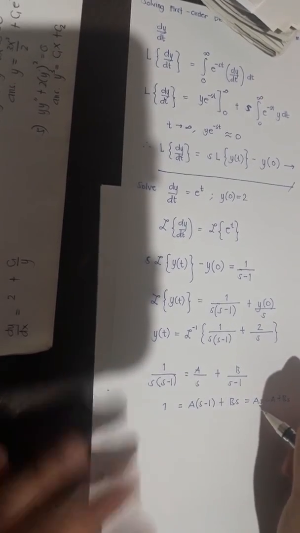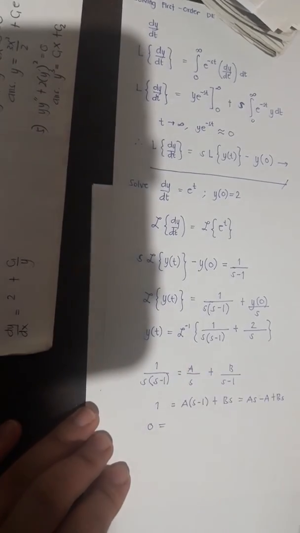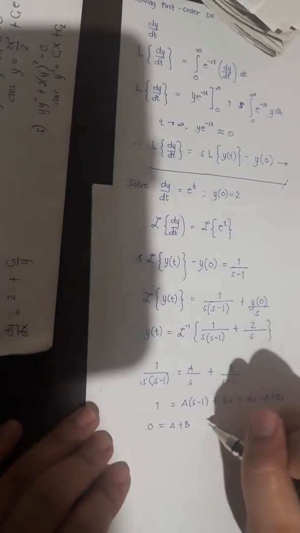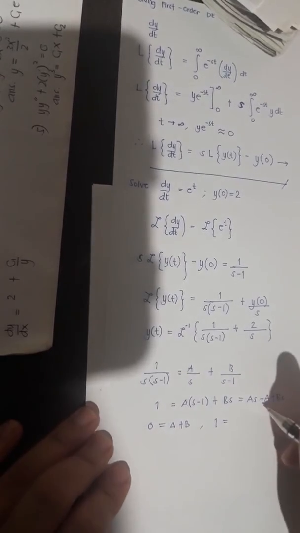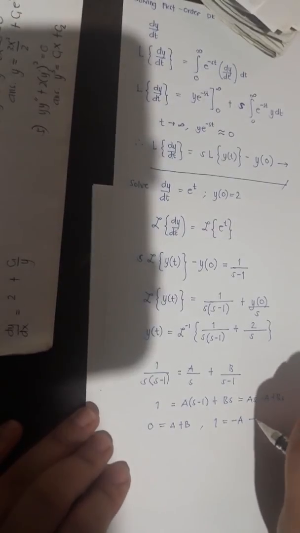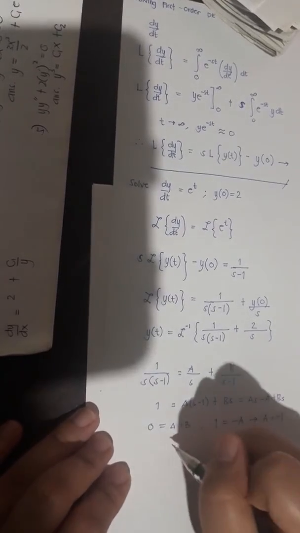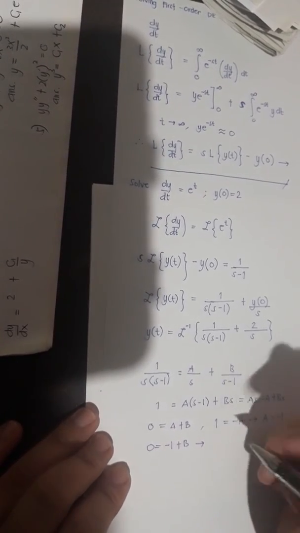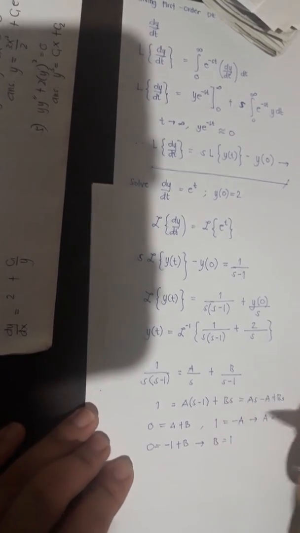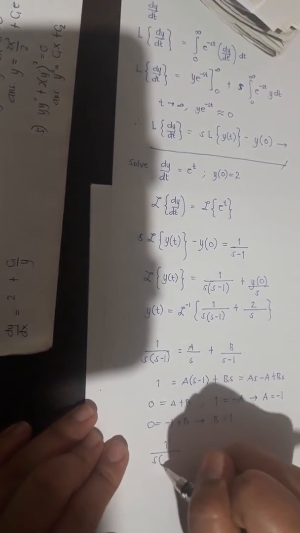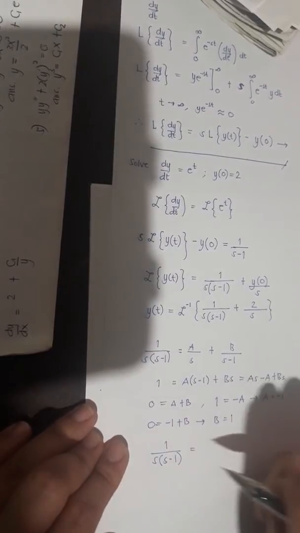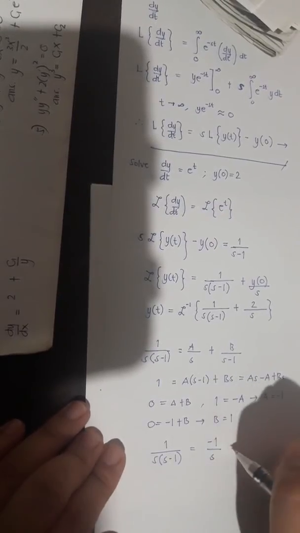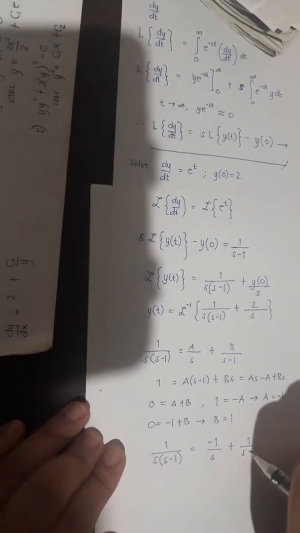For terms with s to the first degree, we'll have 0 equals A plus B, and for the constants, we'll have 1 equals negative A. So therefore, A equals negative 1. And if A is negative 1, B is equal to 1. So the value 1 over s times s minus 1 is equal to negative 1 over s plus 1 over s minus 1.